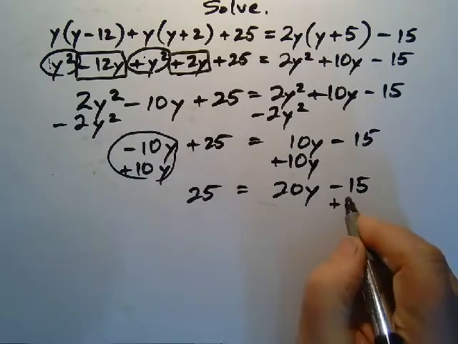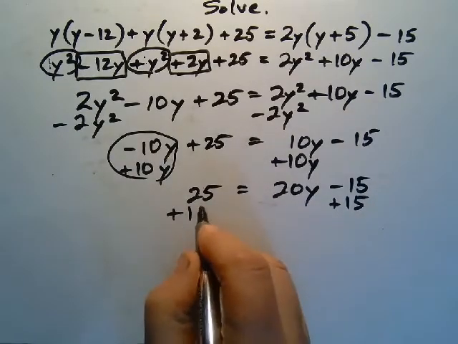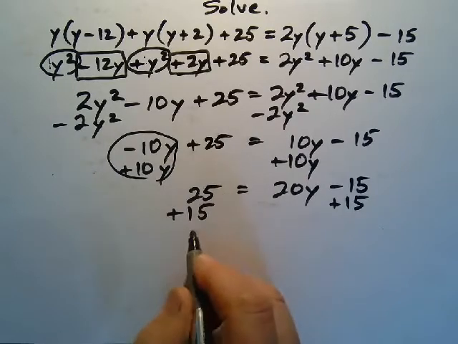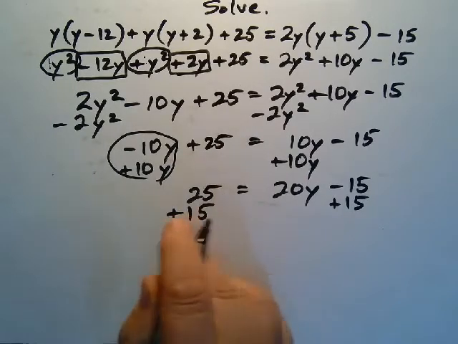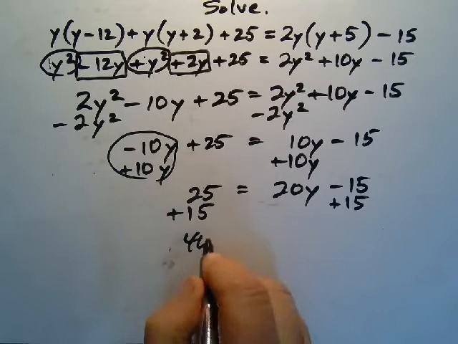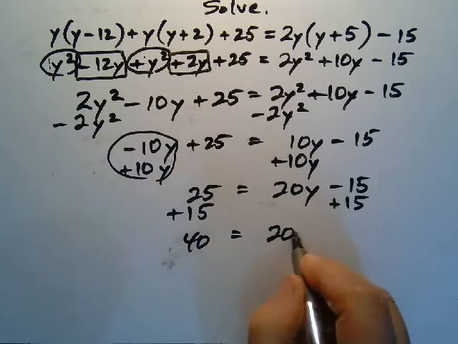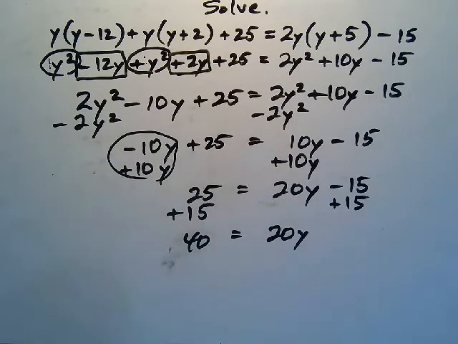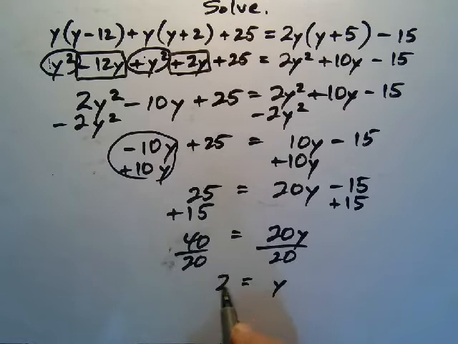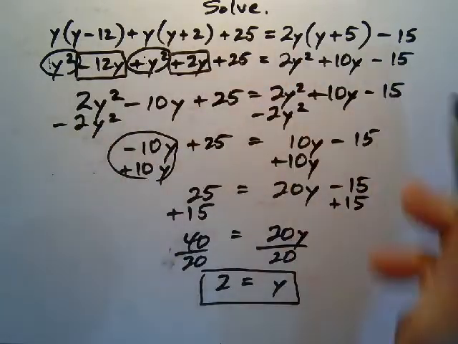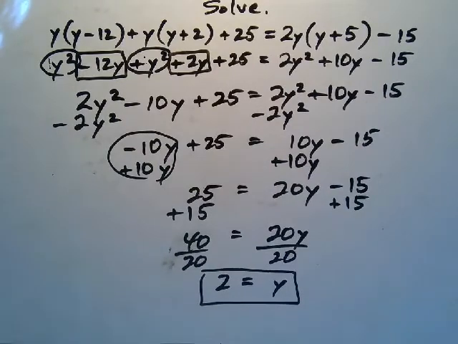Now we're going to add 15 to both sides, and this is kind of old news for everybody. 25 plus 15 is 40 equals 20y. And again, the negative 15 and the positive 15 go out. And then we divide both sides by 20. So y is 2. If we took 2 and stuck it back up in the problem, it would make the sentence true.